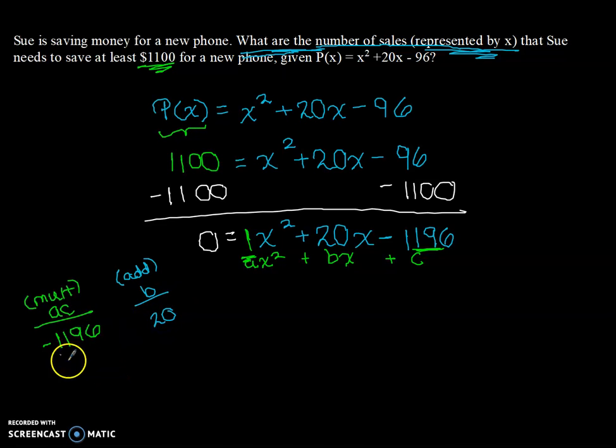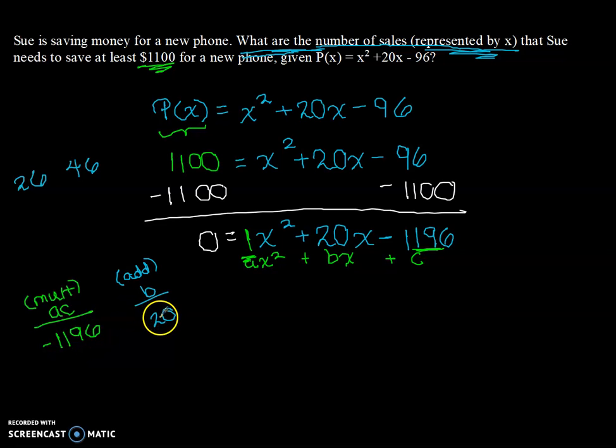You are going to have quite a few numbers to test out just because 1196 has quite a few factors. So just to save some time, let's say I'm going to test out 26 and 46. Well, one of them's got to be negative because I need to multiply to be negative 1196.